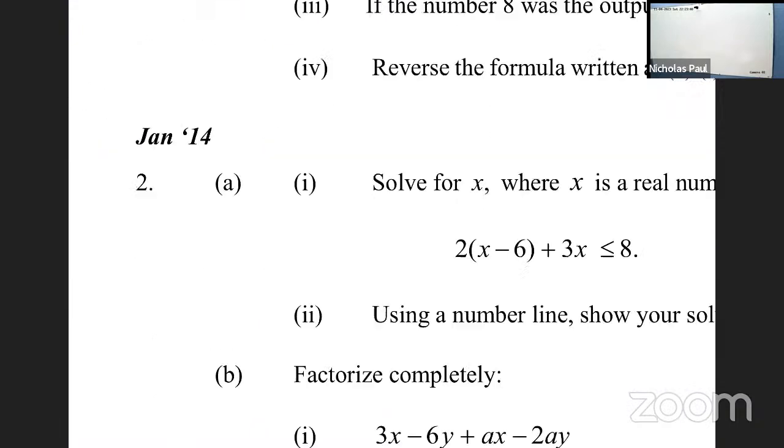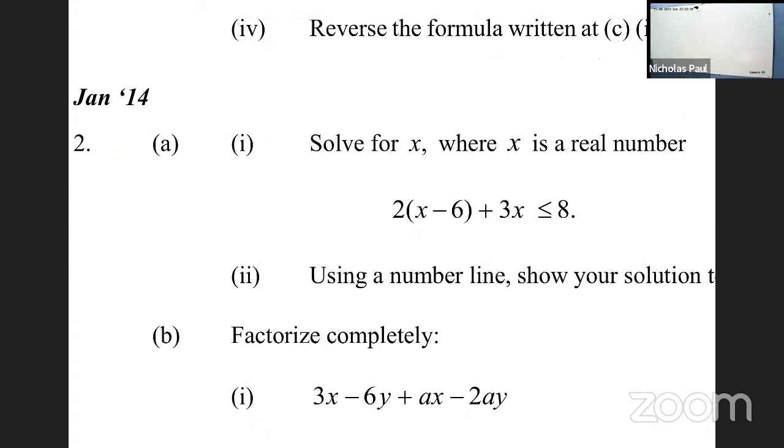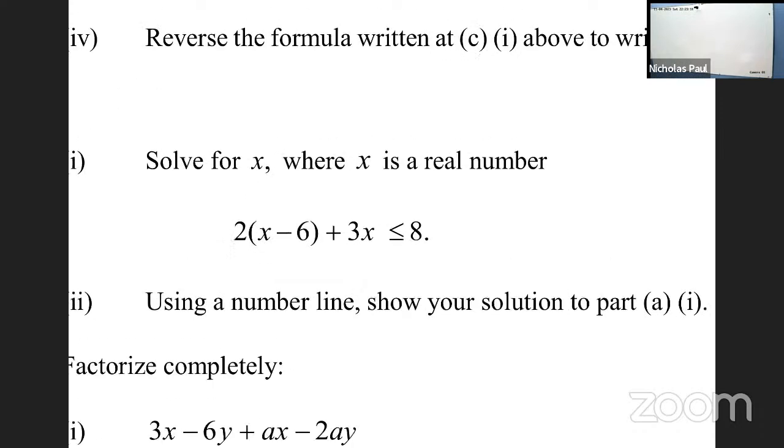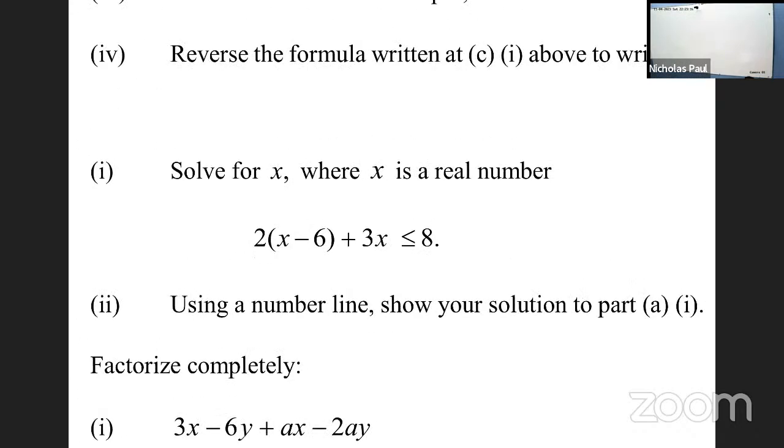Next one here. Jan 2014, number 2A. Anybody confused? Right, take your time.